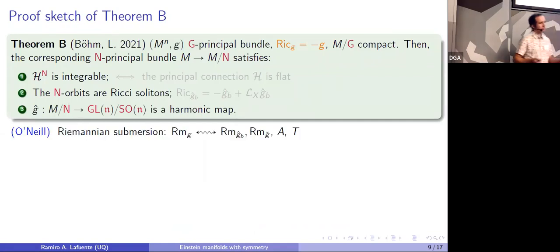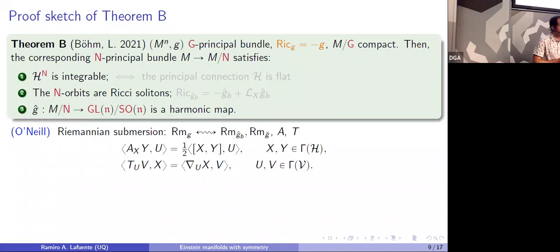When you have a Riemannian submersion, then you can understand the curvature in terms of the curvature of this family of metrics on the orbits, the curvature of the metric downstairs, and two tensors defined by O'Neill in the 60s, which I call A and T. Now, unfortunately, this A is not the A that they use in physics, namely A is for connection in physics, but here A would be like the curvature of the connection. This is an unfortunate notation problem, but that's the way it is.